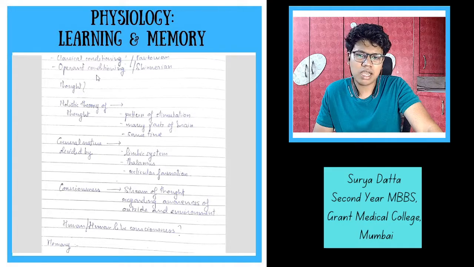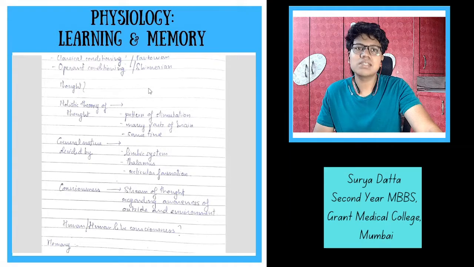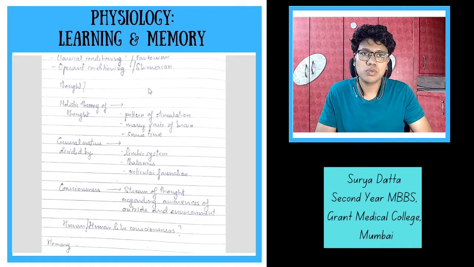Classical conditioning and operant conditioning. Now we're coming to the fun part. So classical conditioning, Pavlovian conditioning, I think we already talked about. Operant conditioning or Skinnerian learning is basically, I'm going to explain it with an example.